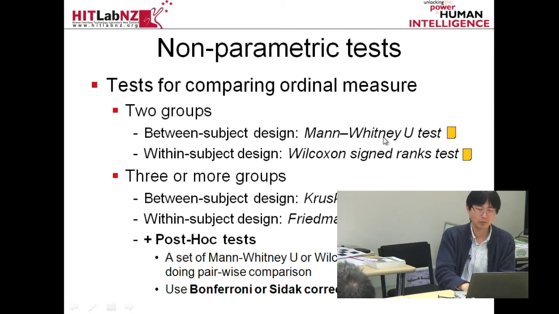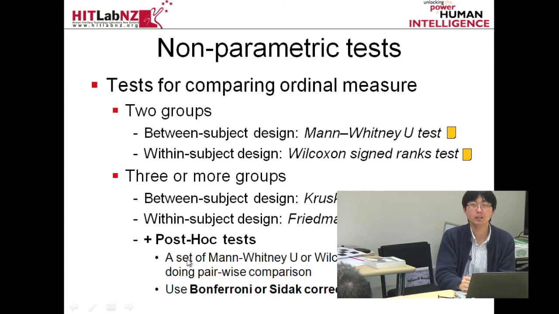So, for example, the Mann-Whitney U test has a U statistic, so when you report it, you have to report the U value and so forth. All these guides will show you how to report those statistics results, so please have a read when you use them. And again, with 3 or more groups or 3 or more levels in your independent variable, you'll still have to run post-hoc tests.